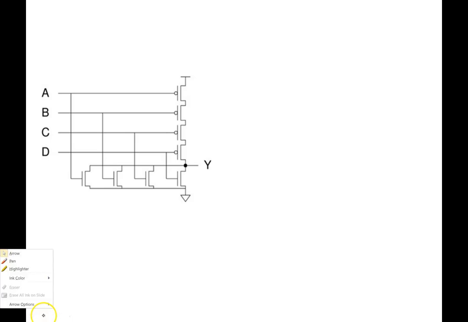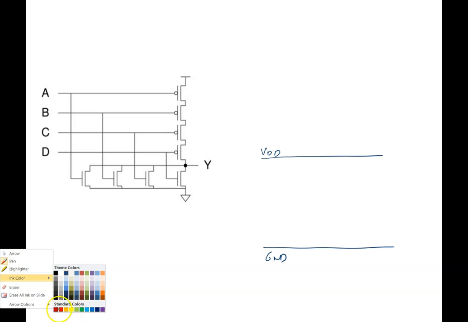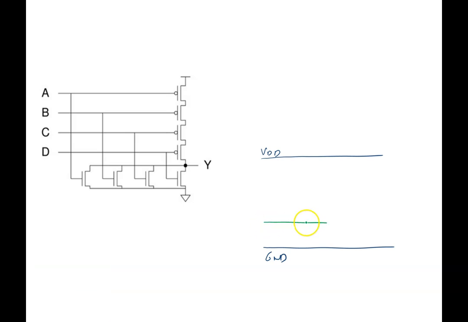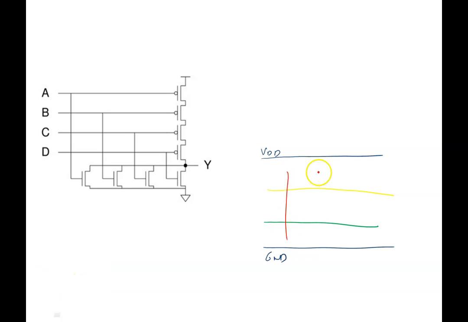Now there is a 4-input NOR gate. And then we got 4 polys crossing over these transistors.